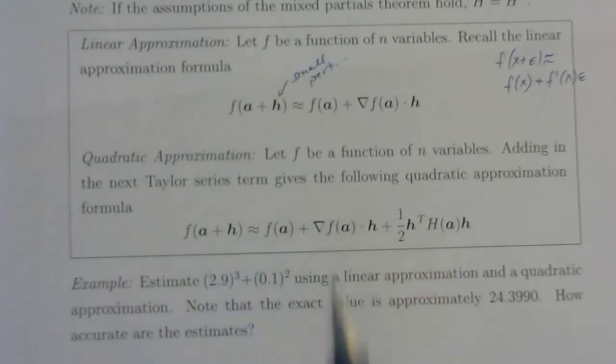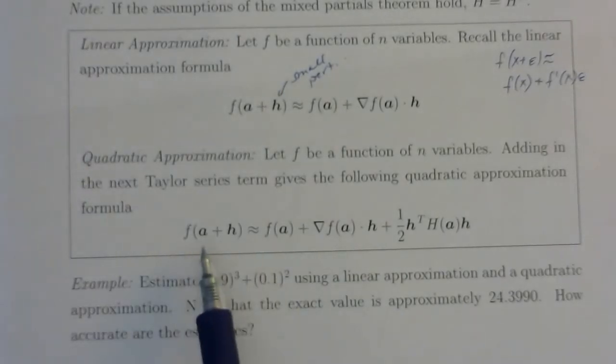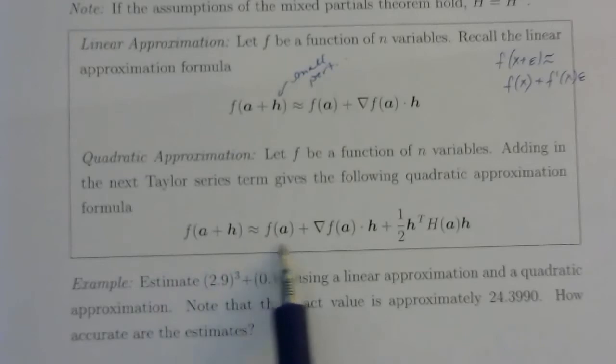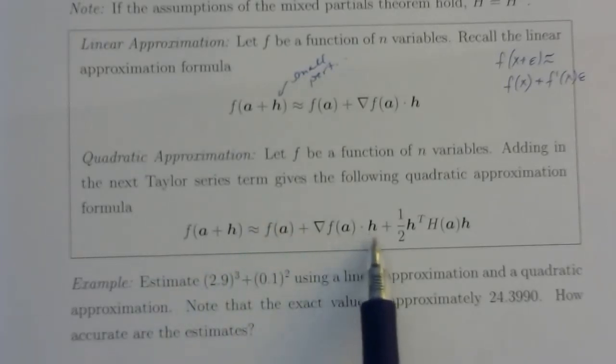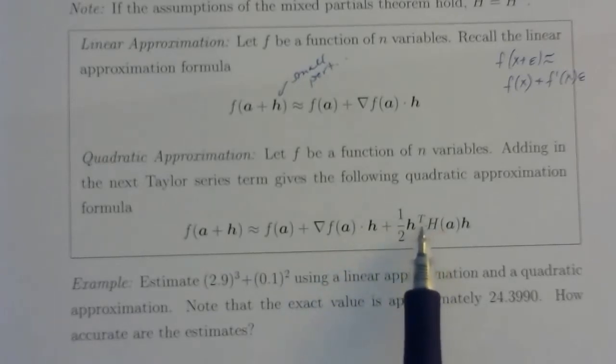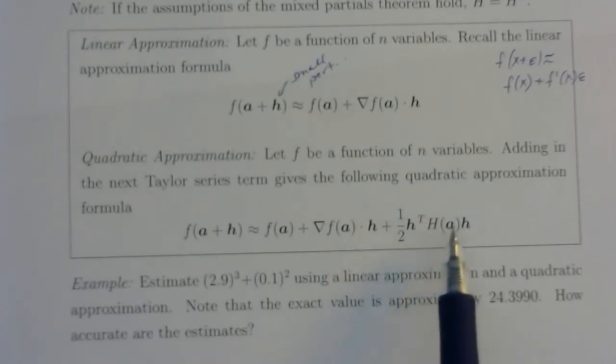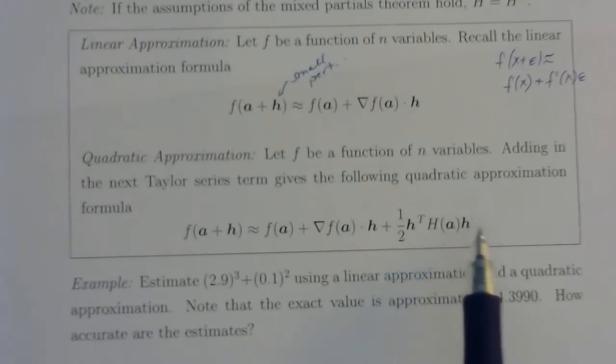So when I want to write it in terms of vectors and matrices, f of a plus h is approximately f at a plus the gradient of f at a dotted with h plus 1/2 h transpose times the Hessian at a times h. If I think about the dimensions here, these should all be scalars, right?